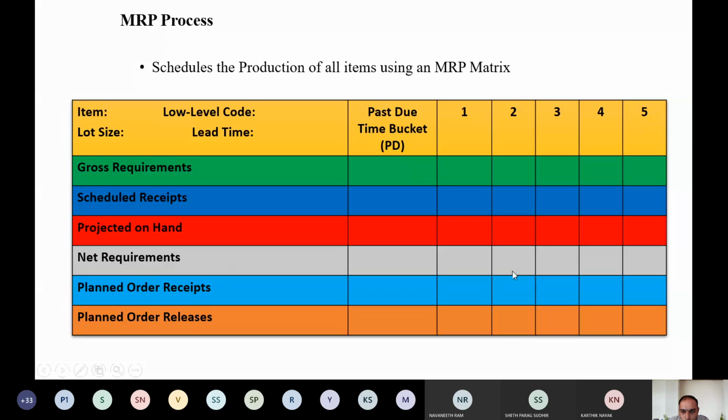For example, on October 2nd, say for the next month, I need the component so that I can start the production. This is the blue color planned order receipt. When I have placed an order and have to receive it in my hand, I am planning to receive it on October 2nd.